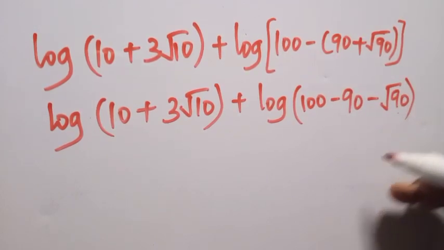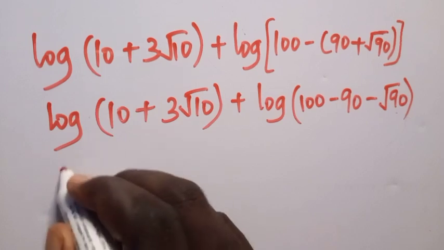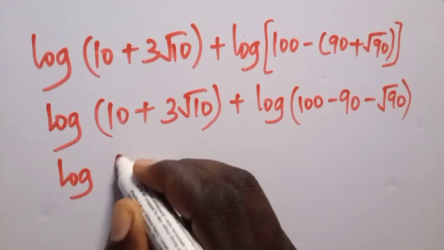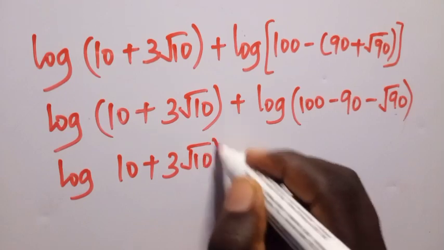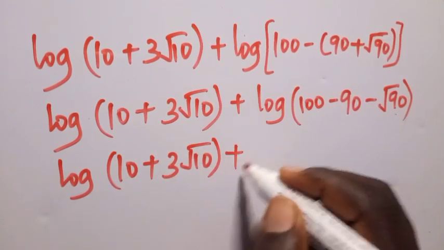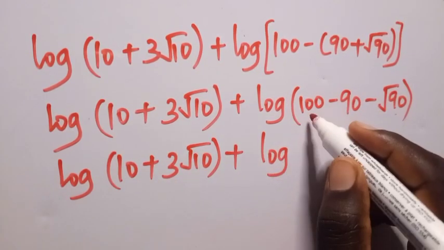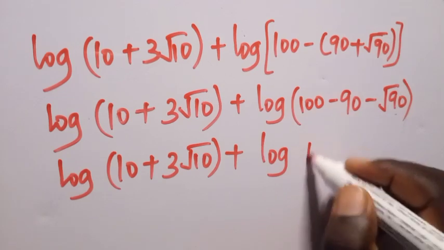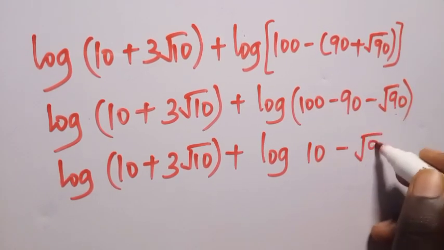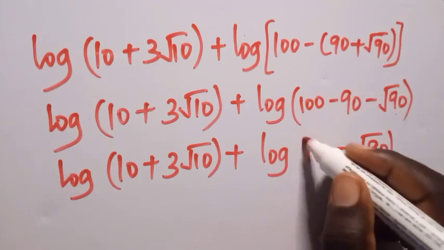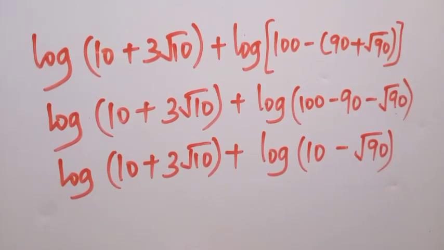So we shall have the logarithm of 10 plus 3 root 10, plus the logarithm of 100 minus 90, which is 10, minus root 90. Then we close the bracket.